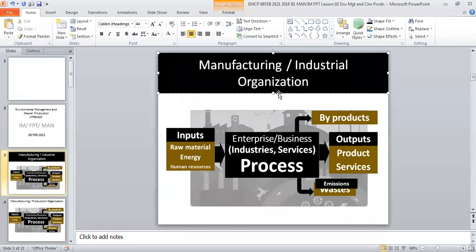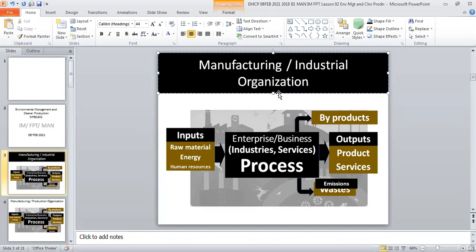For manufacturing students, since they underwent industrial exposures and training, probably they also have some understanding about manufacturing and industrial organization. It's a setup, let's say, because you underwent training.